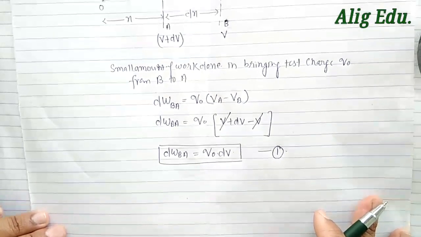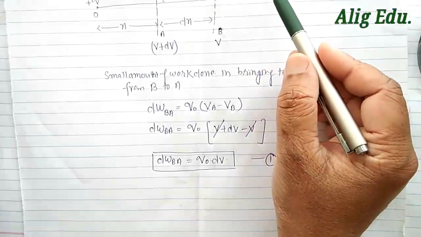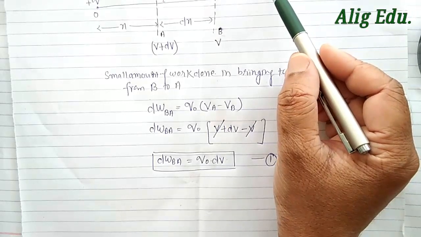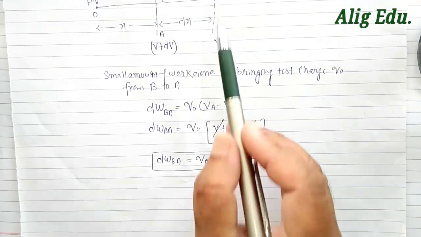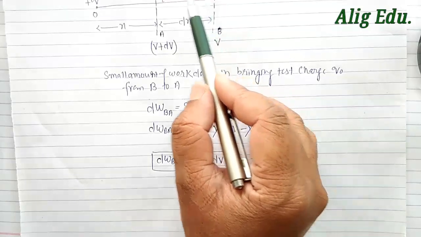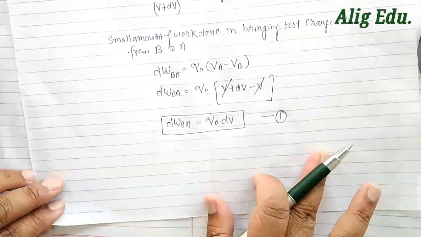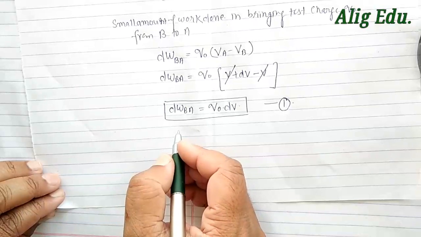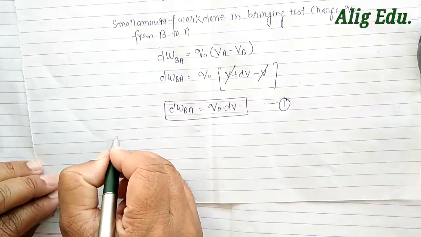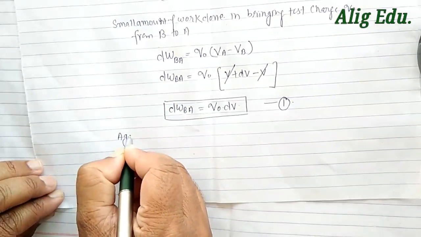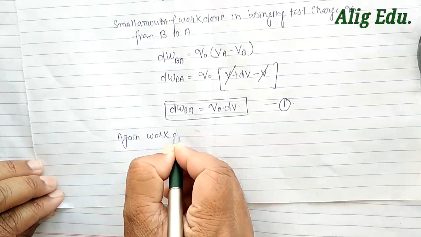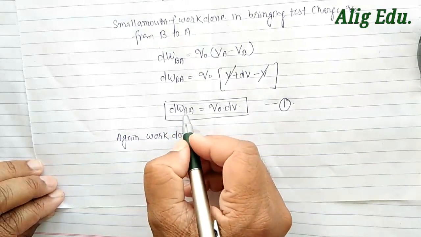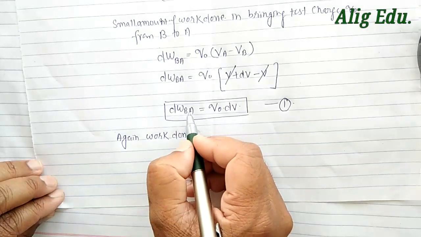Let the electric field at point B be E, and consider the force required to move the charge Q naught from B to A. This expression for work done can also be found in terms of the electric field.